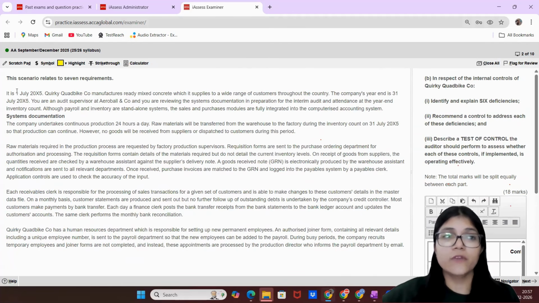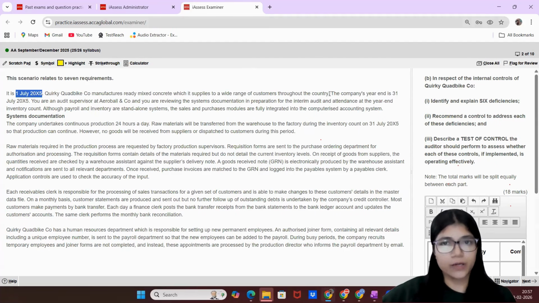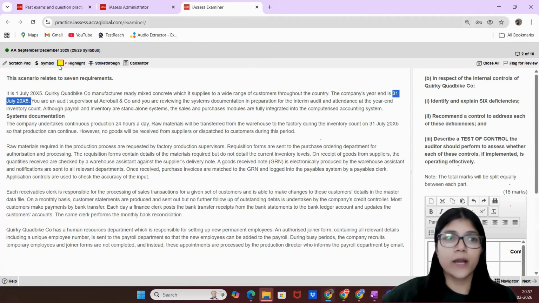It says, it is 1st of July 2005. Q Company manufactures ready mixed concrete, which it supplies to a wide range of customers throughout the country. The company's year end is 31st of July 2025, which is important for me.